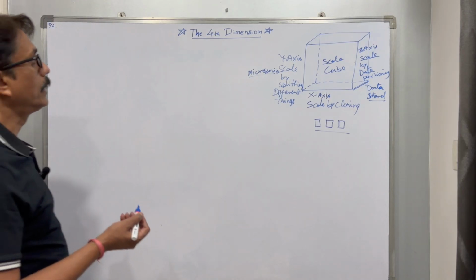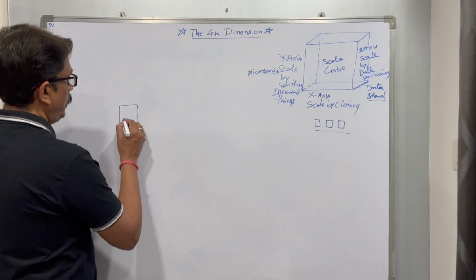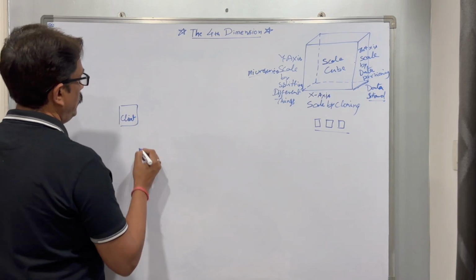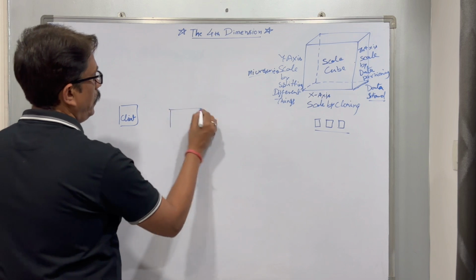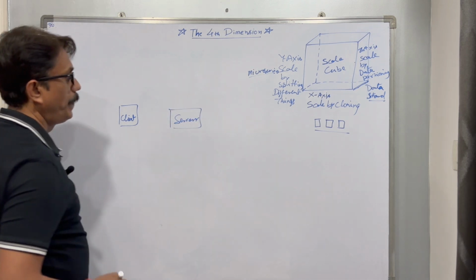Now let's take an example. Think like we have this client, and then we have this server.